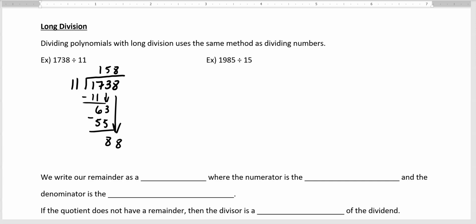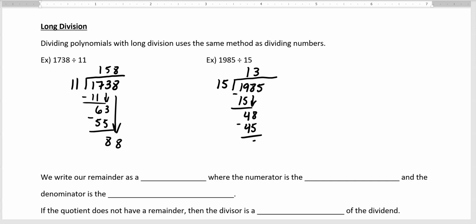Now, that won't always be the case where it works out nice and neat, not with numbers and definitely not with polynomials. So let's try one where maybe that doesn't occur. 15 and 1985. How many times does 15 go into 1985? Well, 15 goes into 19 one time. Do my math. 19 minus 15 is 4. Bring down the 8. 15 goes into 48 3 times. 3 times 15 is 45.